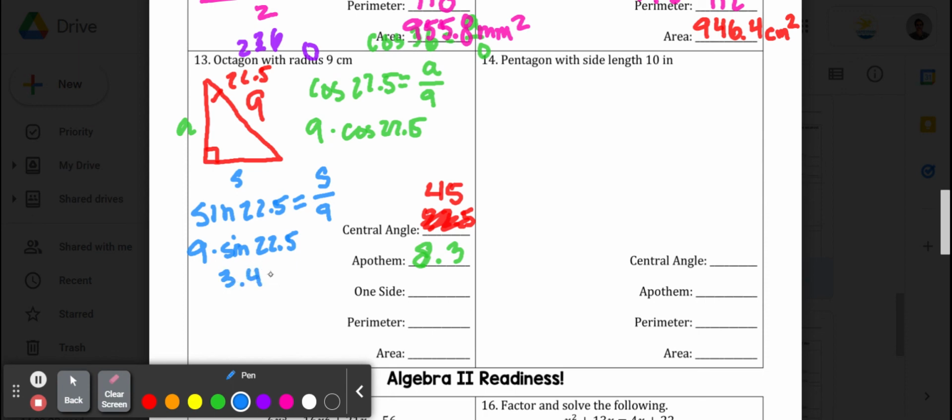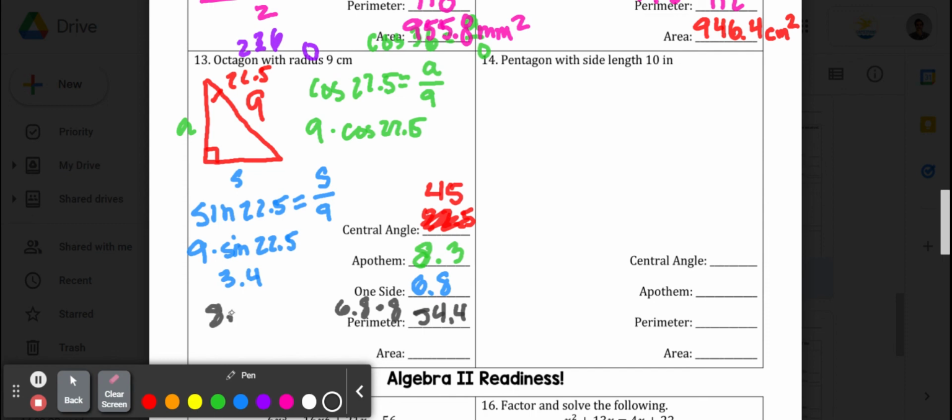It's only half the side, so we have to double it. So that should be 6.8. And then it's an octagon, so we're going to multiply 6.8 times 8. If you're curious how I got that number, which is 54.4. And then we just do apothem times perimeter, divide by 2.